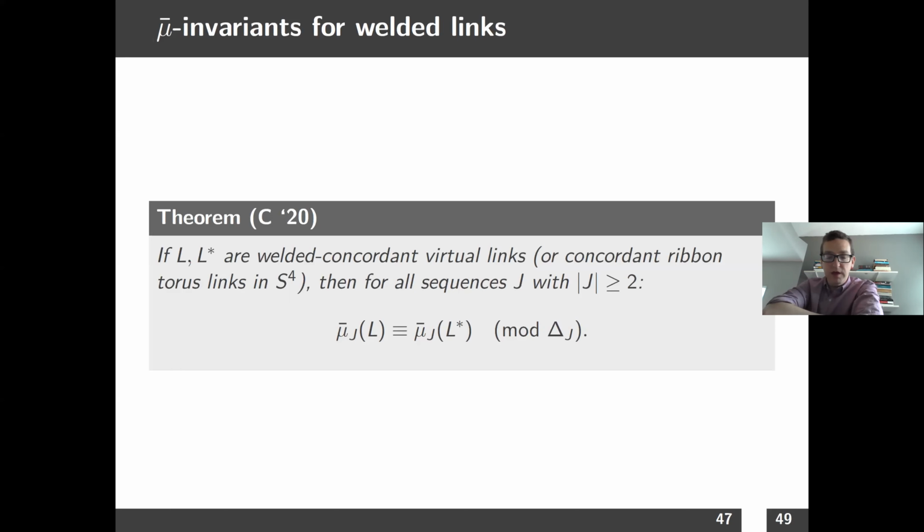It's a different way of thinking about it. And very recently, Miyazawa, Wada, and Yasuhara looked at link isotopy invariants. These are the same invariants that we're talking about here, but they looked at it in the case of link isotopy, and here we're proving their invariance under concordance. Our argument here is geometric, and their argument is more combinatorial. So that's an interesting paper you should also look at.